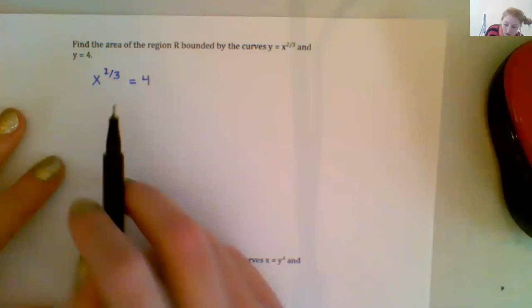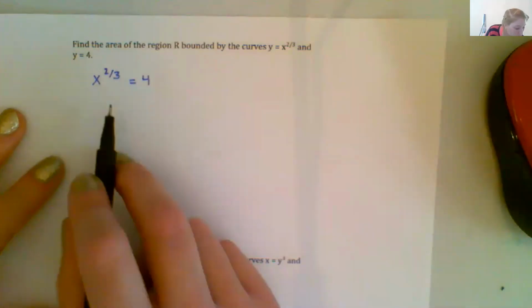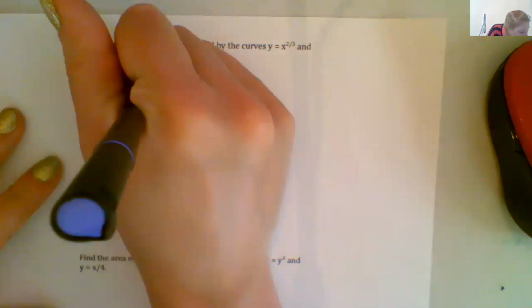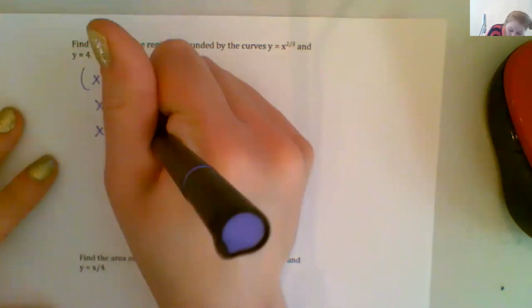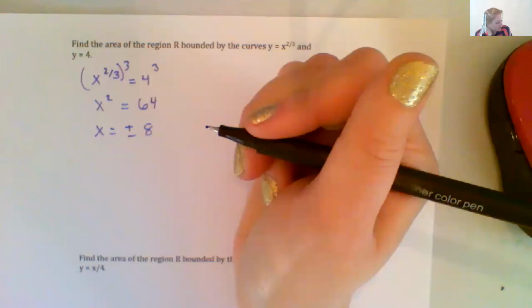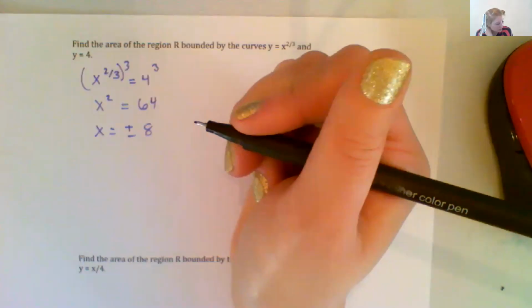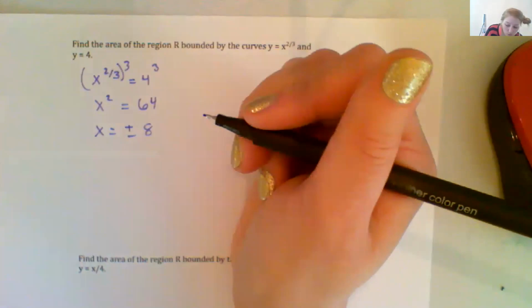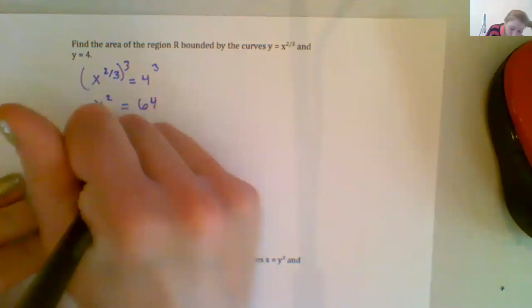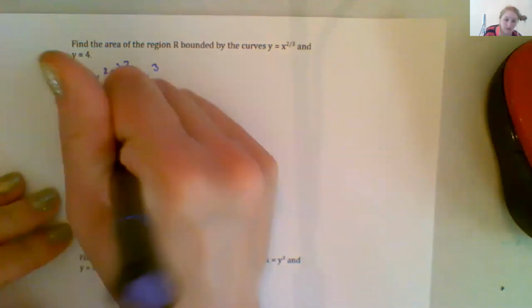And so then what I did was I cubed each side. So then I had x squared equals 64. And then I took the square root, and that gave me x is equal to plus or minus 8. Okay, so what this tells me is that my integration is going to happen from -8 to +8.